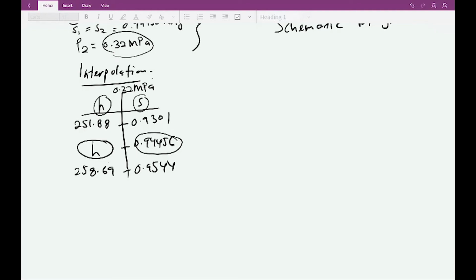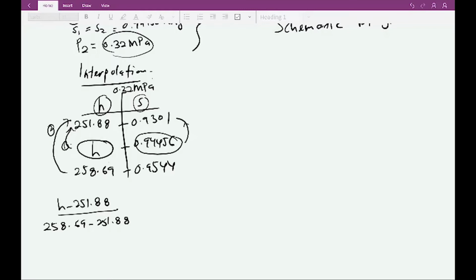You just copy row by row, and do this: H minus 251.88, divided by 258.69 minus 251.88. So this is your first part, this is your second. Okay, and then I'm copying the same parts here. This is your step 1, this is your step 2.